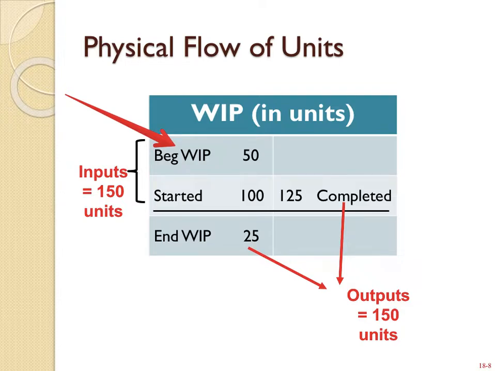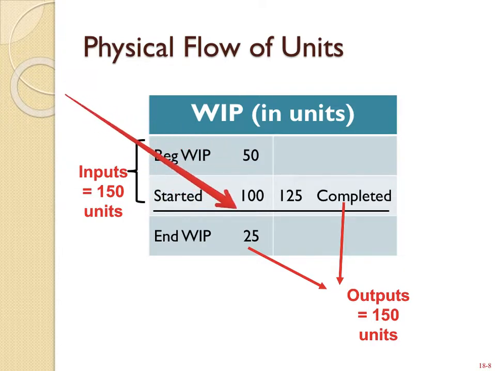We're presumably going to finish these units first. Then we're going to start some additional units, and in this case, we started 100 additional units. So the total units input into the production process are what you started but haven't finished, but will finish this month, as well as the additional units that you started.